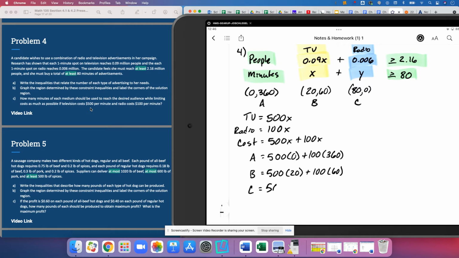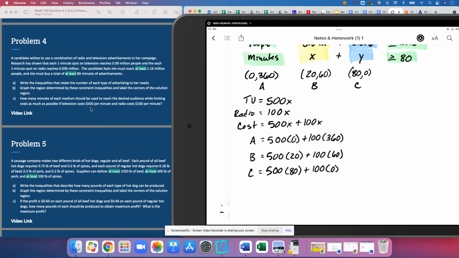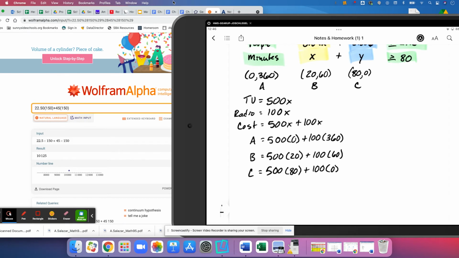Option C is 80 minutes of TV and 0 minutes of radio. So we're going to put each of those in Wolfram, everyone, and see where we end up and see the most cost-effective option this candidate has for reaching their desired audience.